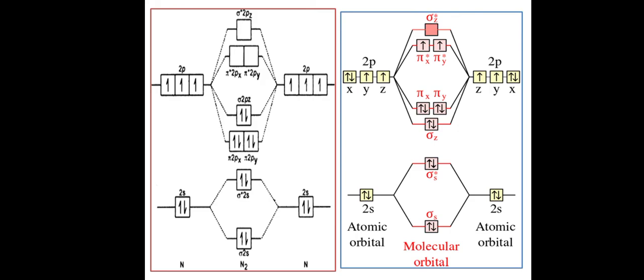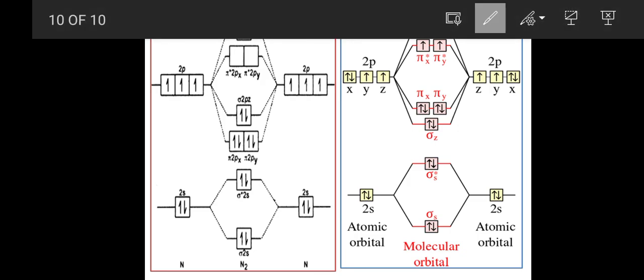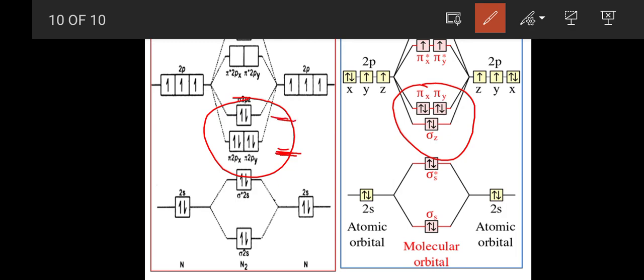Now here we can see two types of molecular orbital diagrams. Actually, the only difference is in the arrangement of the p orbitals. If you see here, the pi orbital is of lower energy than the sigma orbital, and here the sigma orbital is of lower energy than the pi orbital.